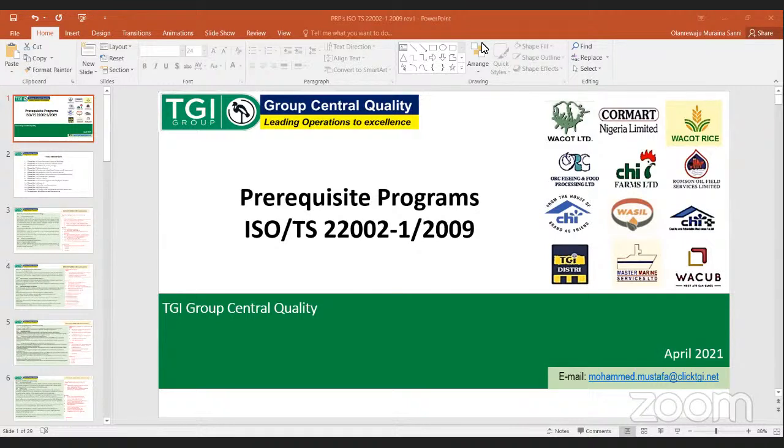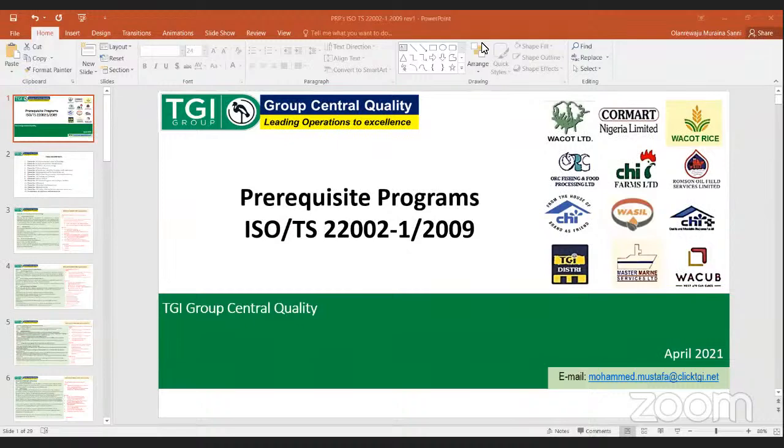So if you look at the slide in front of you, the prerequisite program is ISO TS 22002-1:2009. It means ISO technical specification 22002-1.